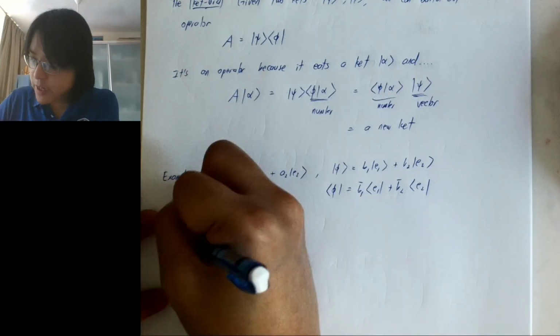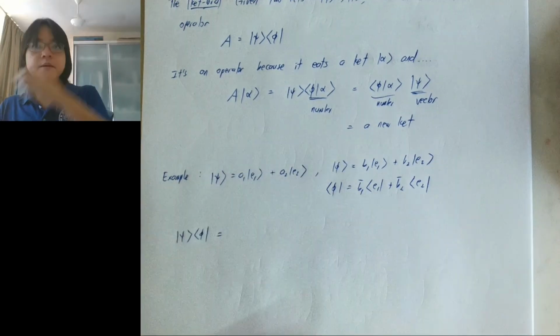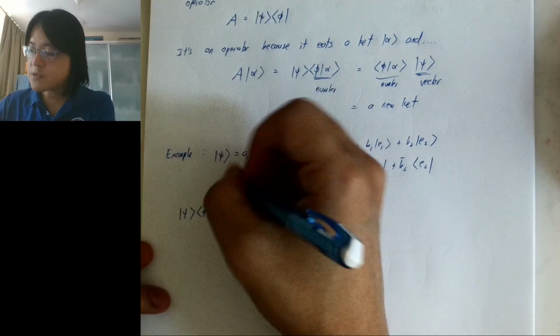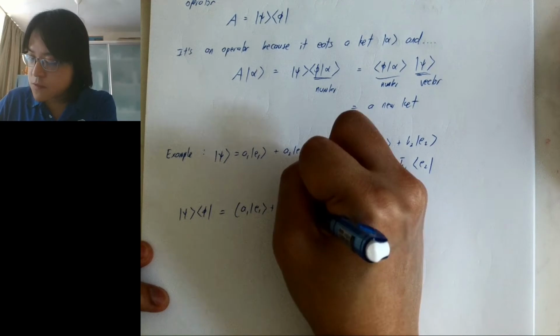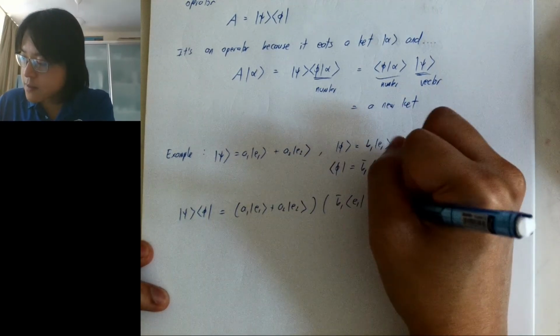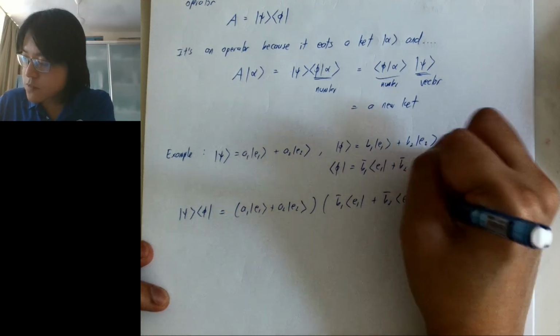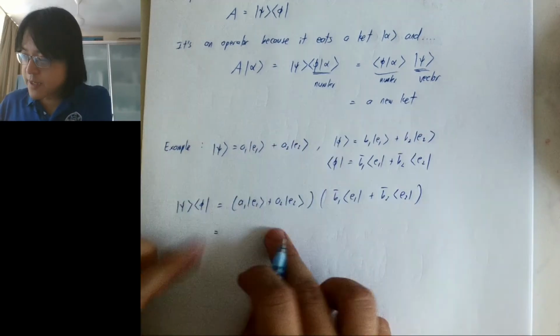Let's see what happens if I do this. Doing this means you just multiply. So I get A1 E1 plus A2 E2, times B1 bar E1 plus B2 bar E2. You just multiply everything out, step by step.